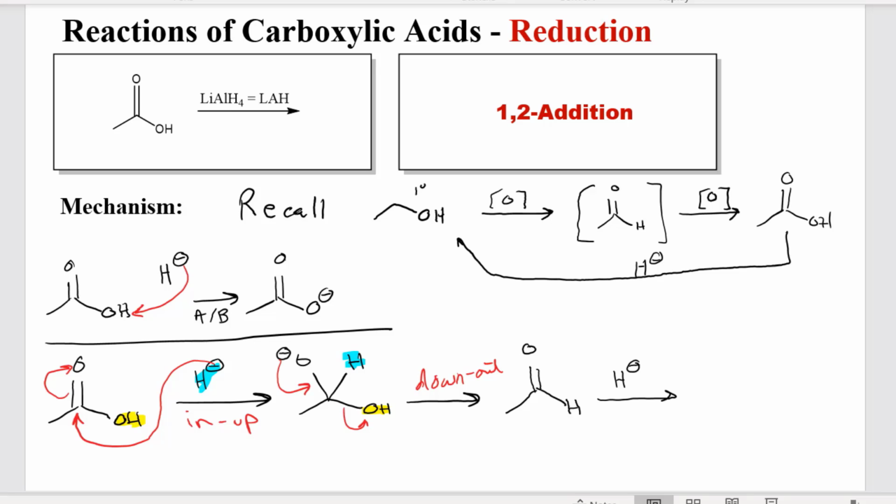And because we reformed the aldehyde that's still susceptible to H-, we're going to do another in, up. Can't stop the train. Can't do any more down, outs. We're stuck. We've got a carbon, a hydrogen. We're done. We just have to work it up.